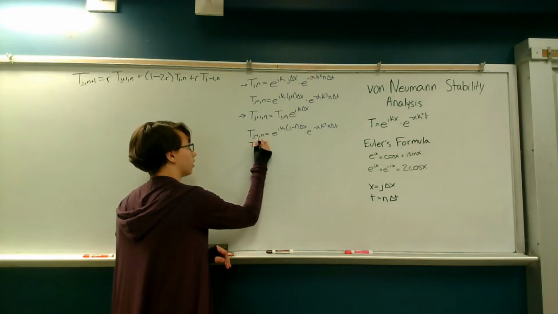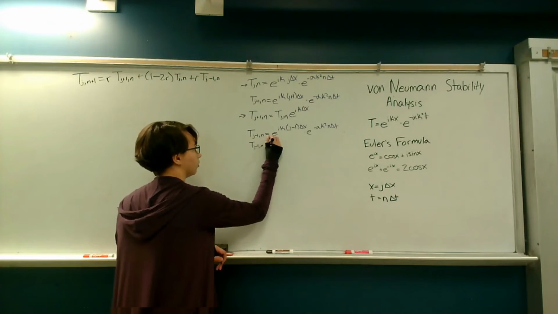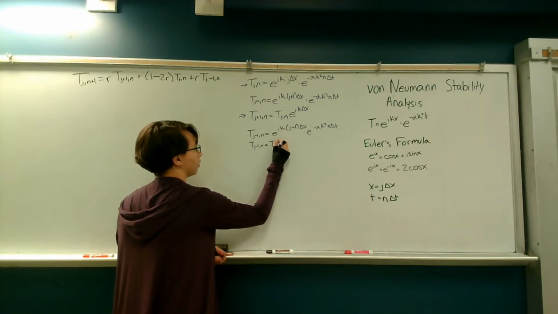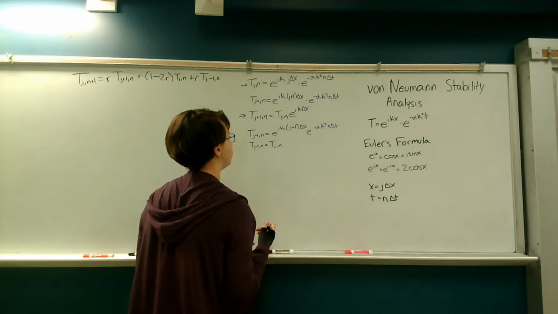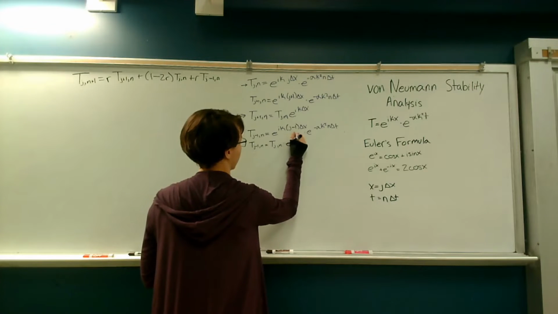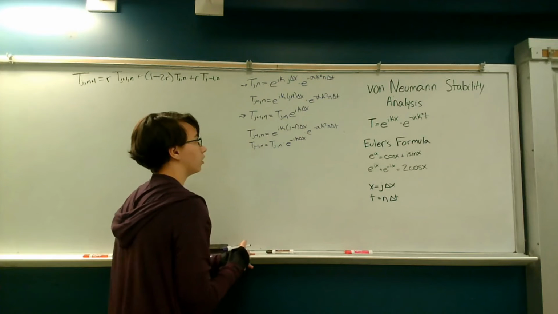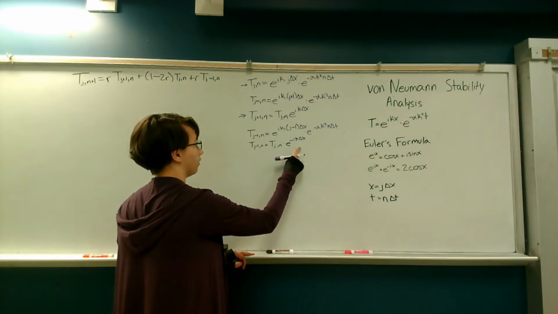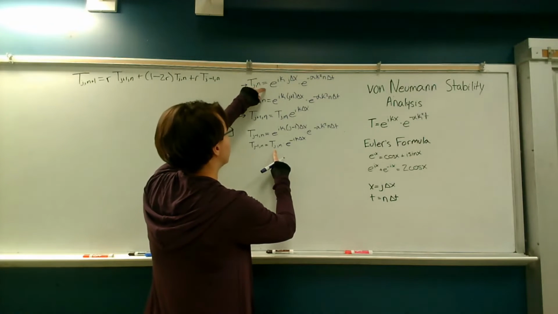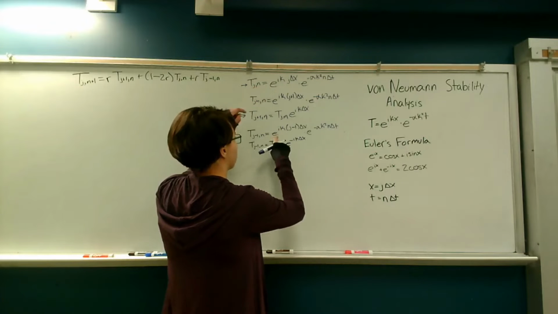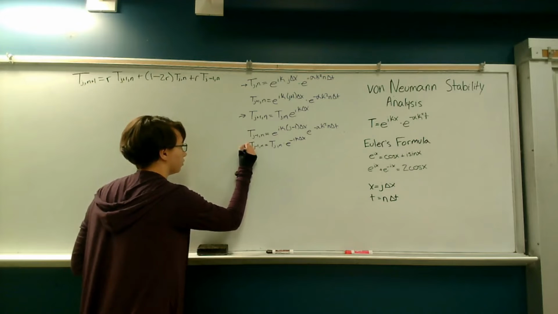So T at j minus 1 at n is equal to T at j at n times e to the negative i k delta x. Because again, if you multiply this times T at j n, which is this, we'll get this right here. So that works out, so this is our other value.